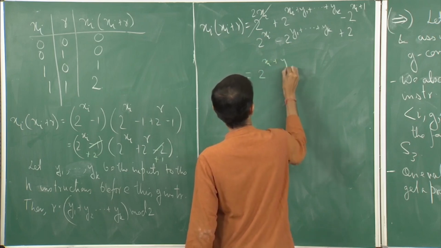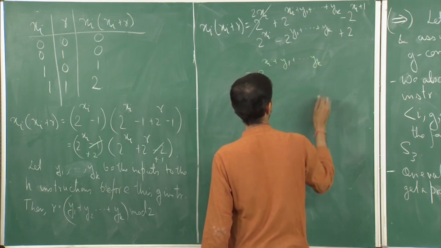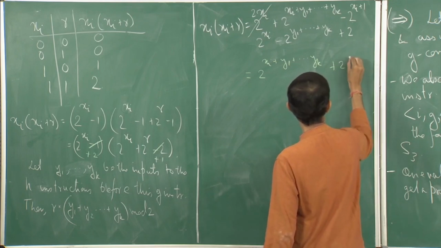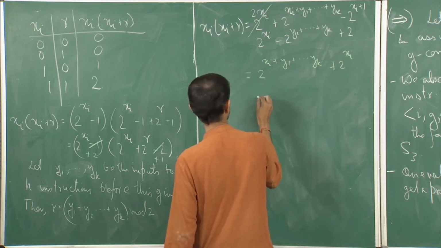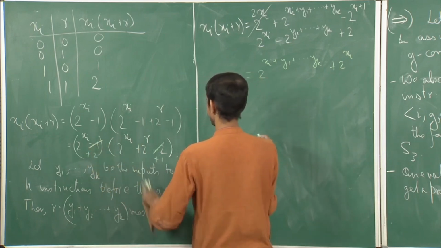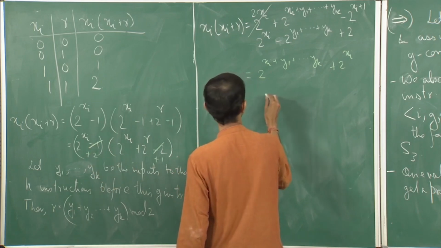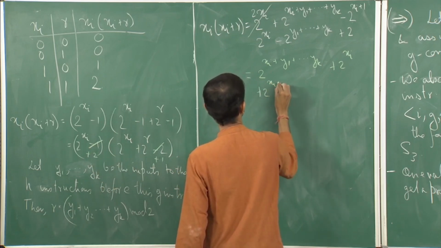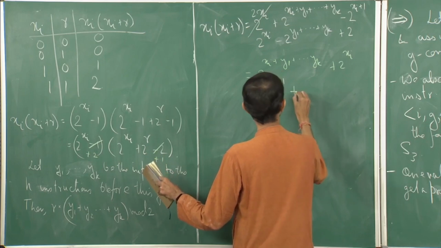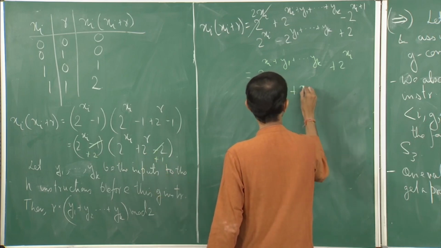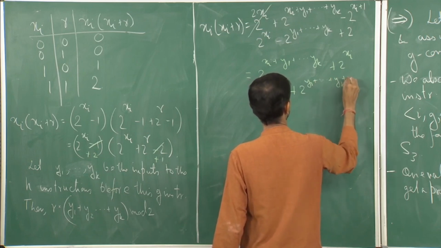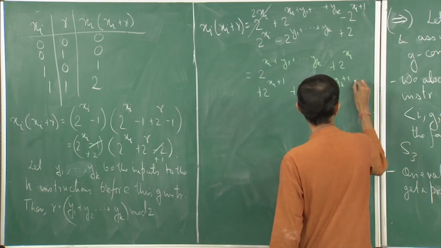two to the power xi plus y1 up to yk plus 2 to the power xi plus 2 to the power xi plus 1 plus 2 to the power y1 up to yk plus 1 plus 2.